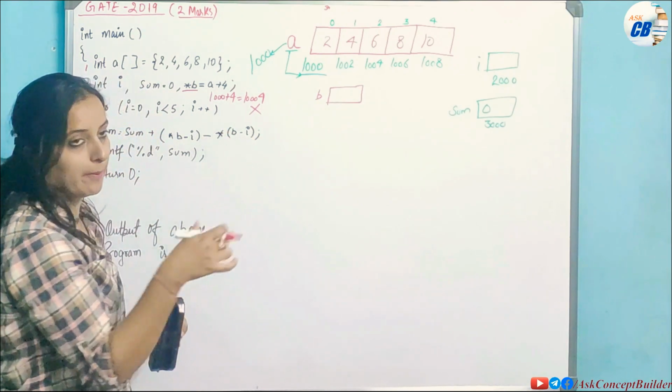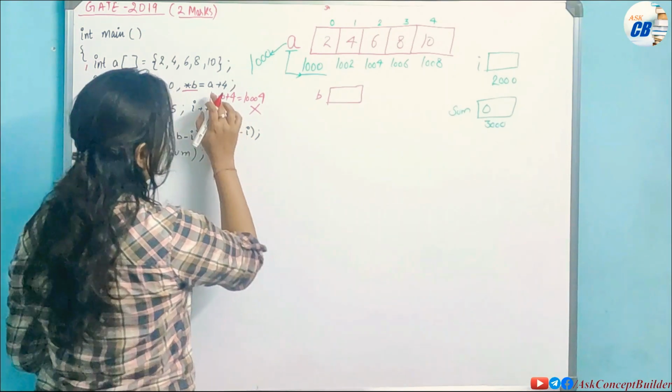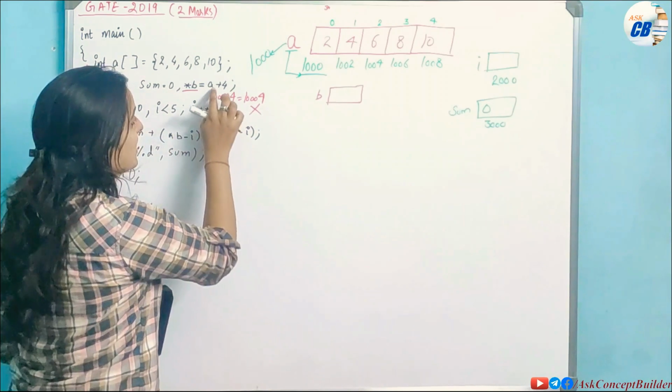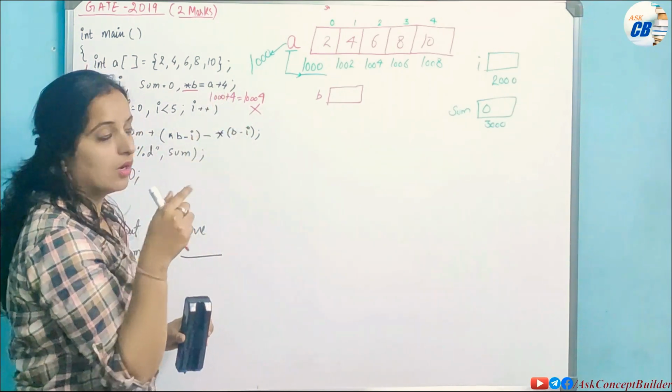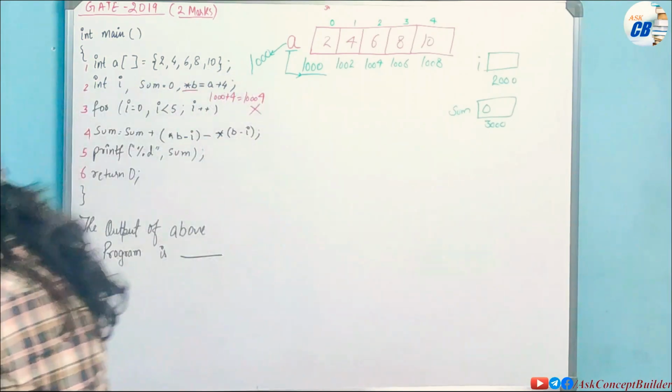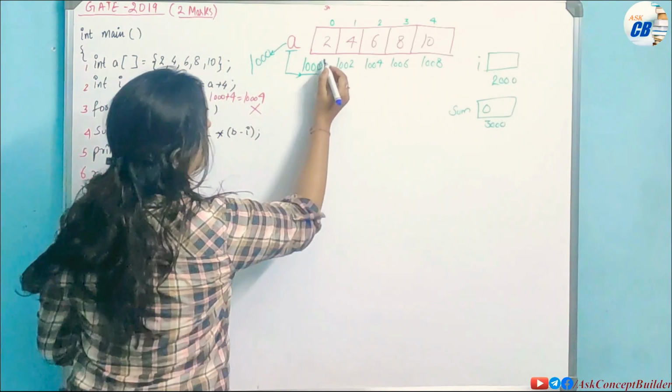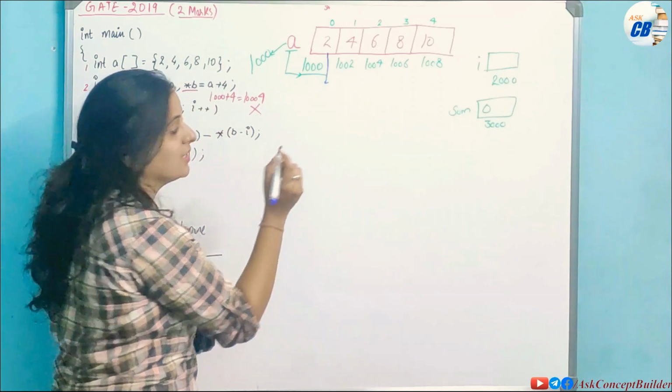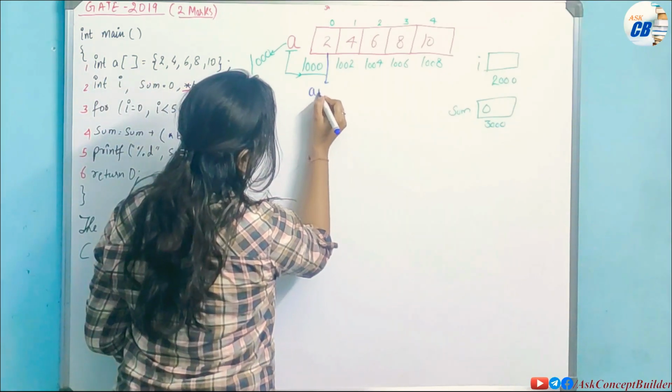You do not have to simply add here, but see, in the array what you will do: this a plus 4 means, first of all, this a means a plus 0, okay.